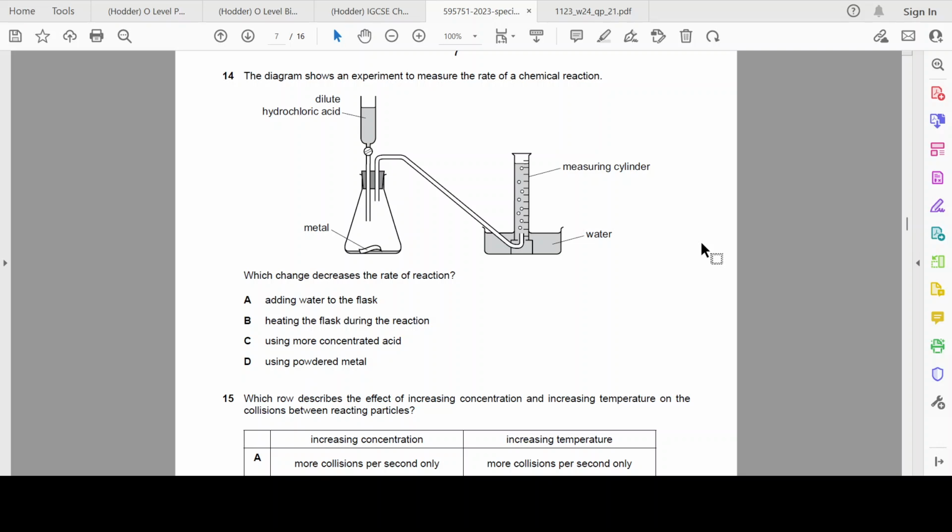Now, Sobia, what is your reasoning? Because it dilutes the water, dilutes the, what do you call, the acid? Yeah, but the water's here, that's the metal there, right? So you're adding water to the flask.